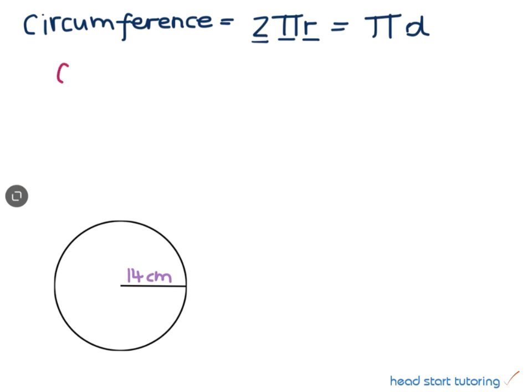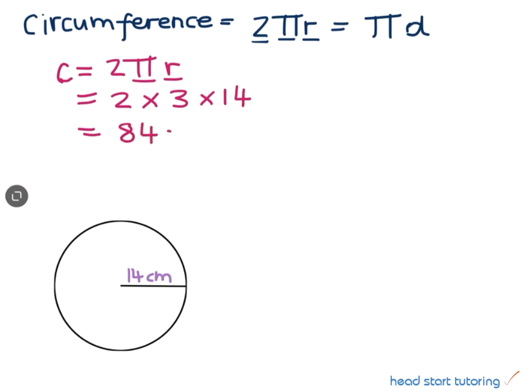So circumference equals 2 pi r, and that's equal to 2 multiplied by pi, which is 3, and multiplied by 14, which is our radius. And that will give us an answer of 6 times 14, which is equal to 84 centimeters.